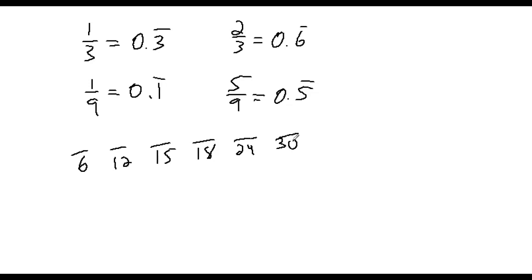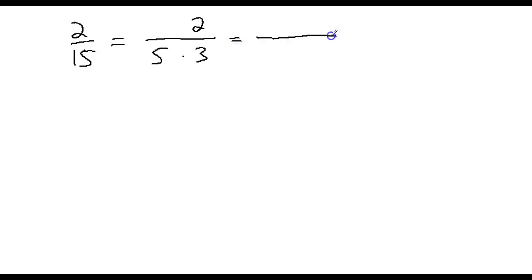Well, let's start with 15. Suppose you want to know 2/15 as a decimal. So here's 2/15, and the trick is we're going to think of 15 as 5 times 3, and we have a 2 on top. Now, since 5 goes into 10, we can turn that into a 10 by multiplying another 2 in the denominator.